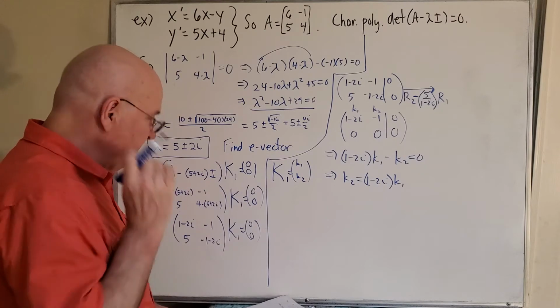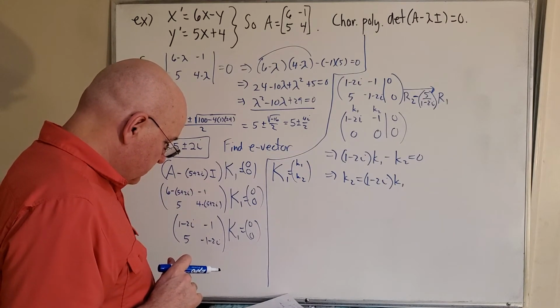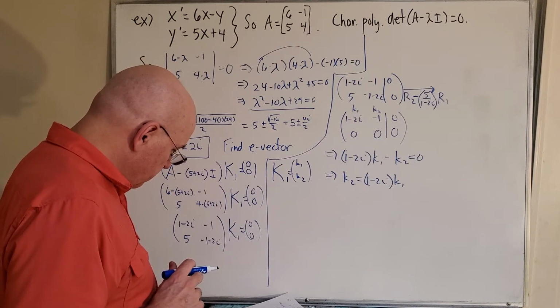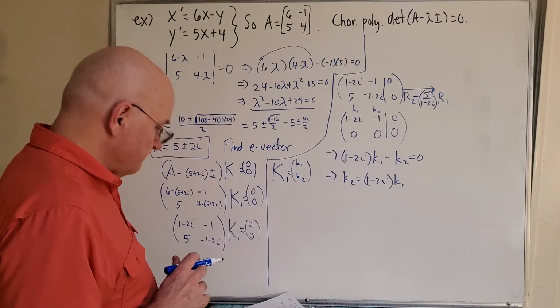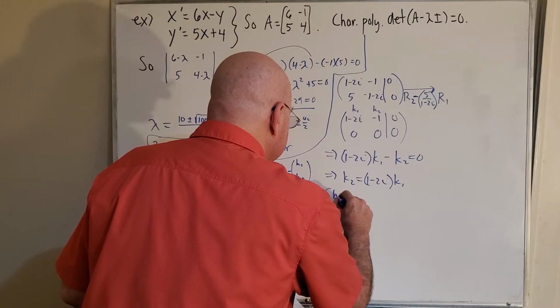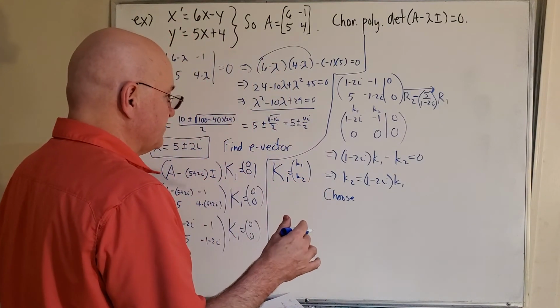And for simplicity, let's see, I think I'm going to choose k2 to be a 1. Choose, didn't have to do this, we could choose anything we want actually.